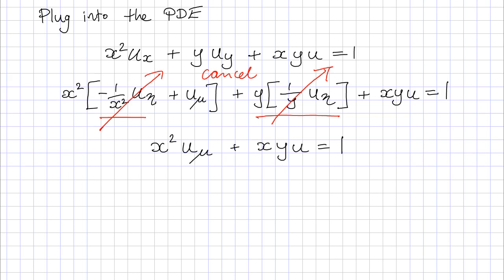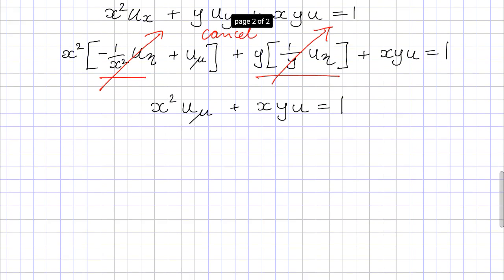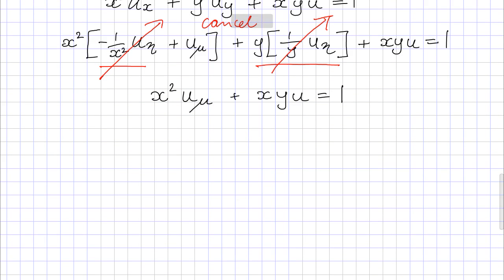We've managed to eliminate one of our partial derivatives, but we've still got some x's and y's floating around, and we really would like those also in terms of the new coordinates. So let's transform. We need to transform x squared, and we also need to transform xy.